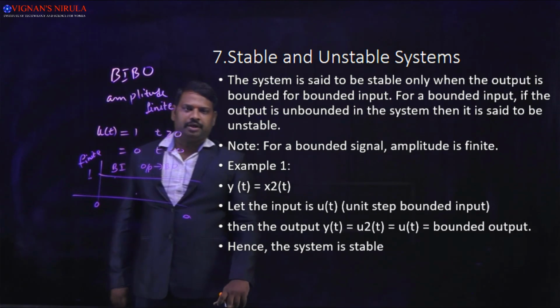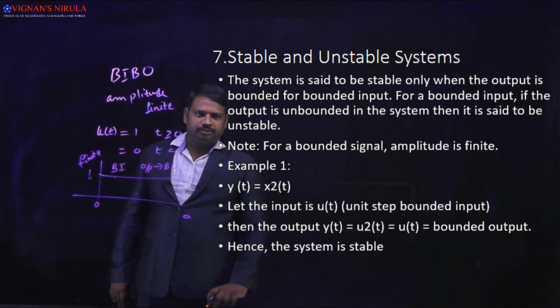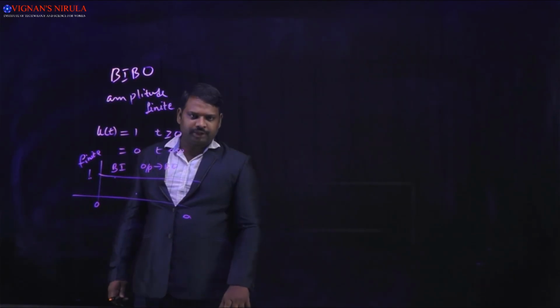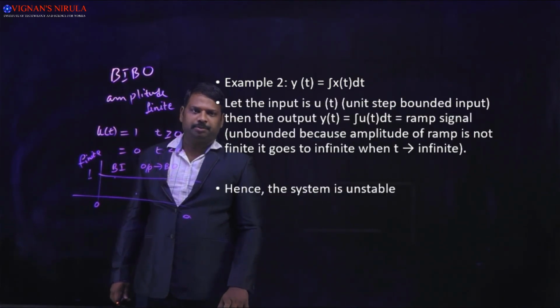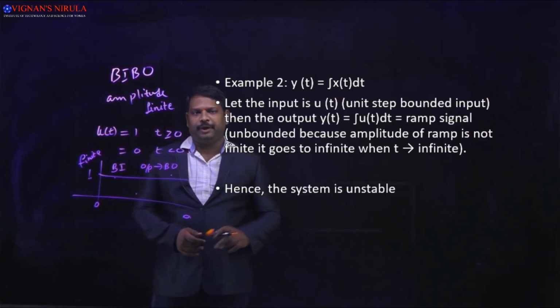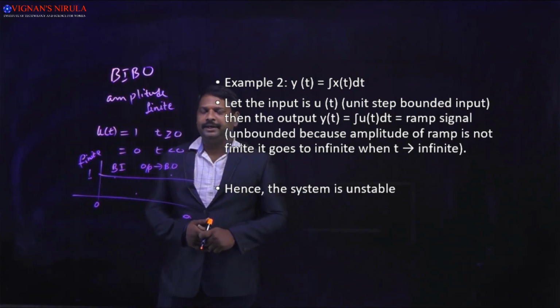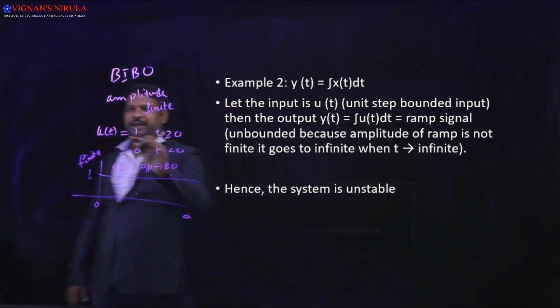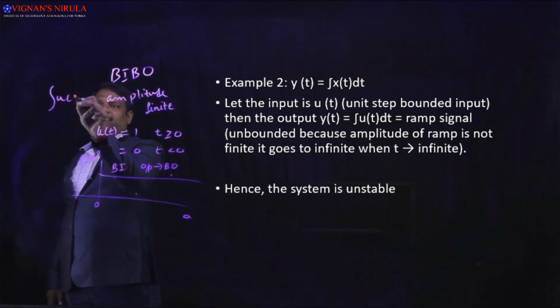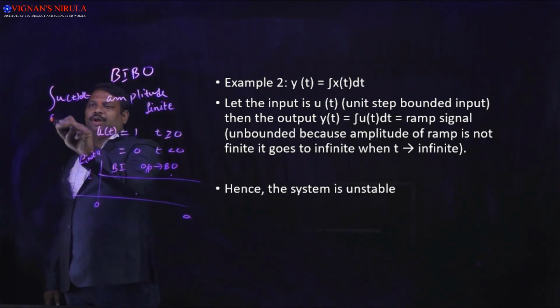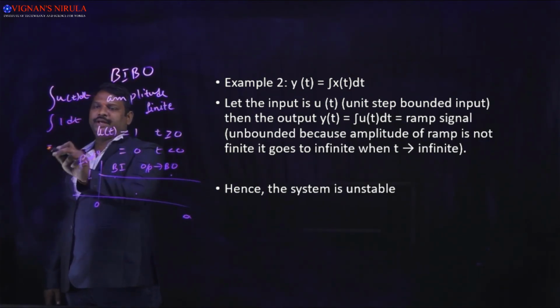Similarly, for illustration of the corresponding unbounded system, for example, if you take y of t is equal to the integral of x of t, and take the integral of u of t. When we integrate this particular u of t, that's the integral of 1 dt, then we get t.